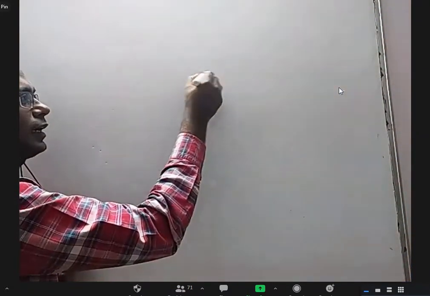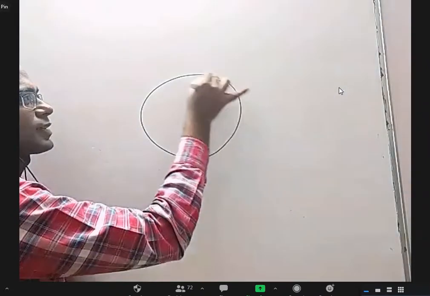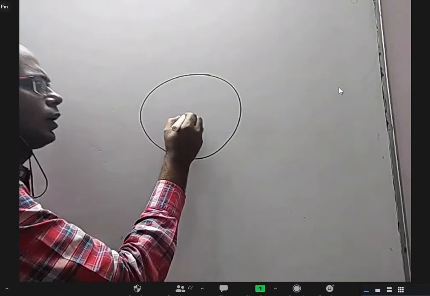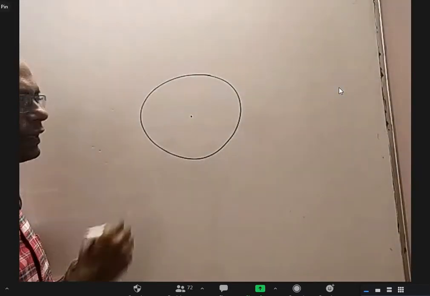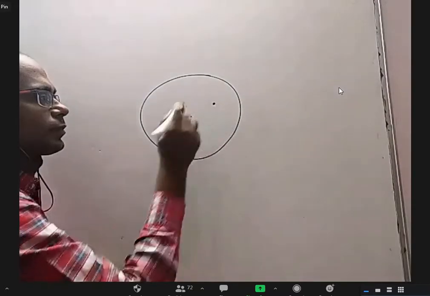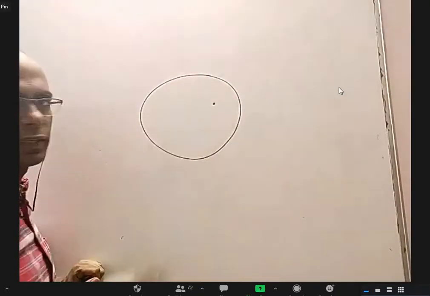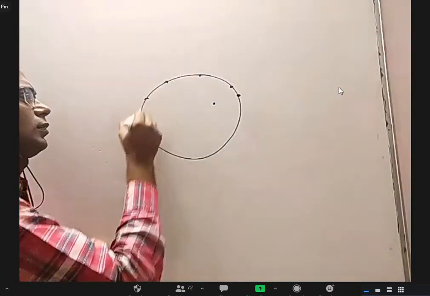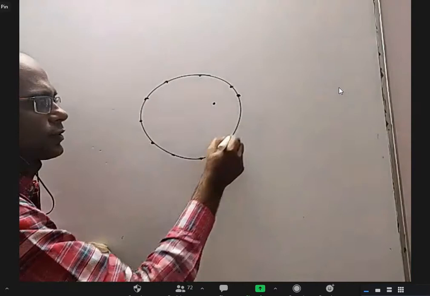You take a piece of paper in the form of a circle. Except the center, any other point, you put a mark there. Not the center, but any other point. And on the edge of the circle, you can mark many points.